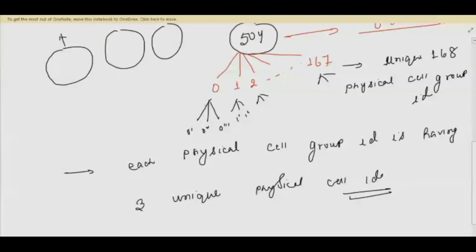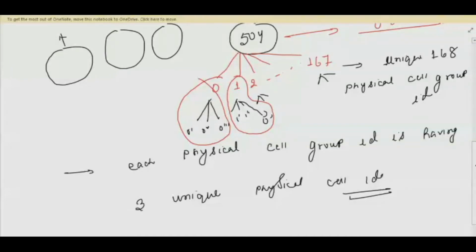Whatever cell ID you use within a group can be reused in another group. Suppose here 0 dash, here also it can be used. In another group it can be reused, but within the same group it will be unique. Within each group, there will be 3 unique cell IDs. So now understand this combination.